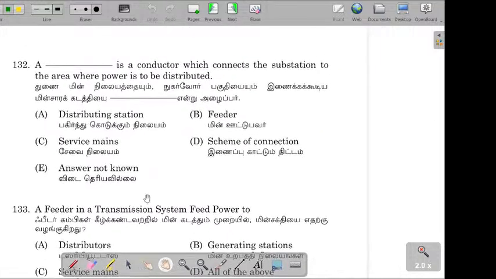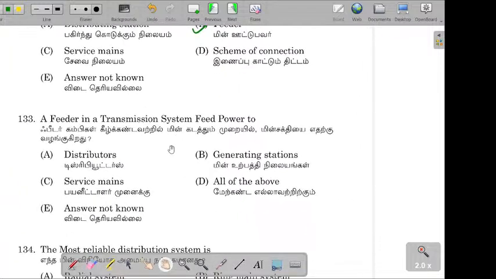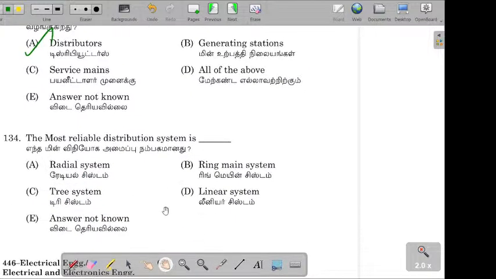A dash is a conductor which connects the substation to the area where power is to be distributed. Feeder. A feeder in a transmission system feeds power to distributors. The most reliable distribution system is ring main system.